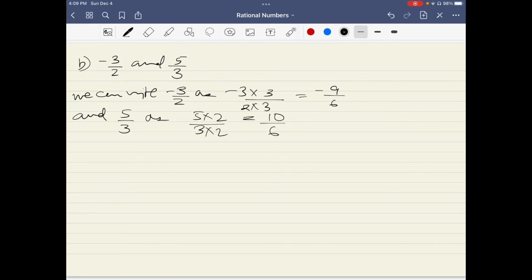Now again, we can find 5 rational numbers between minus 9 over 6 and 10 over 6.